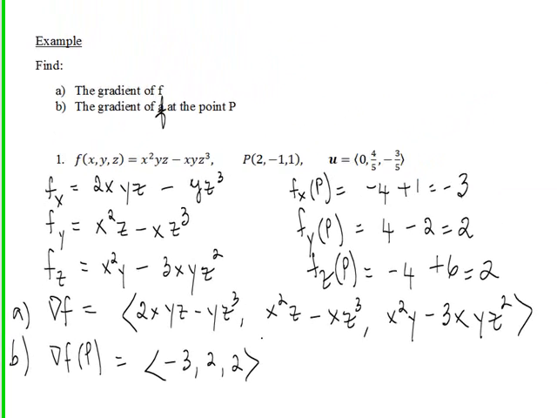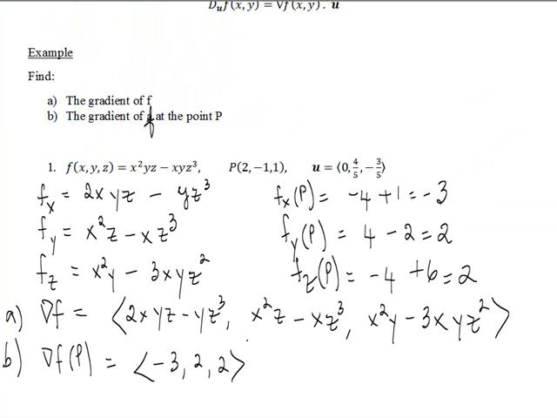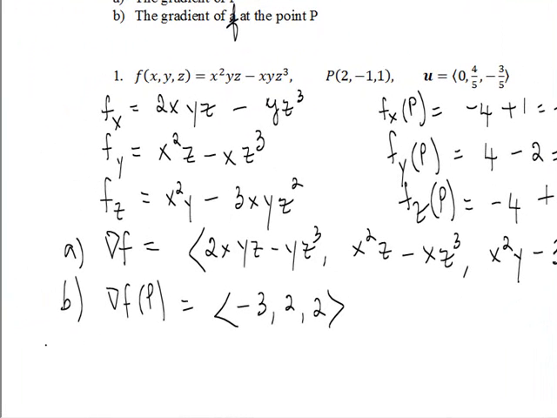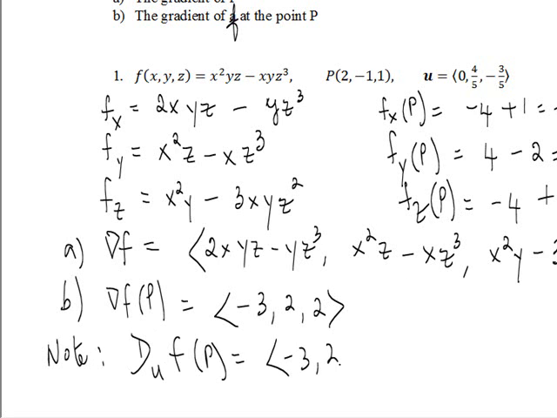So if I'd given you a question like this, and I asked you to find the gradient, then find the gradient at the point P, and then I asked you to find the directional derivative, it would be quite easy, because the directional derivative of f at P in the direction of u is exactly the gradient negative 3, 2, 2 dot the unit vector.